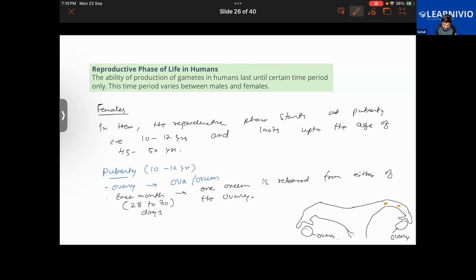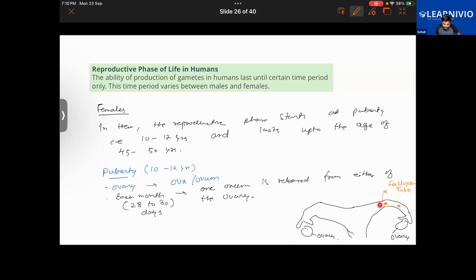This part is called, what do we call this part? Yes, you forgot about this. That is the fallopian tube, also called the oviduct.